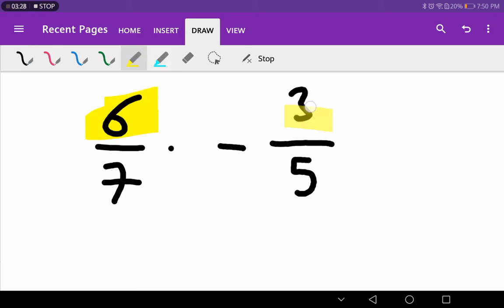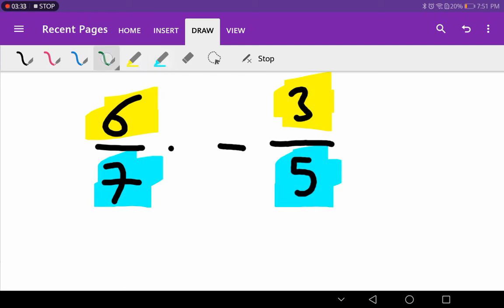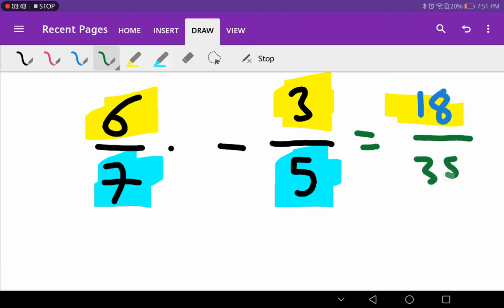Up with up, over down with down. Let's go. 3 by 6, 18. 7 by 5, 35. We are done.